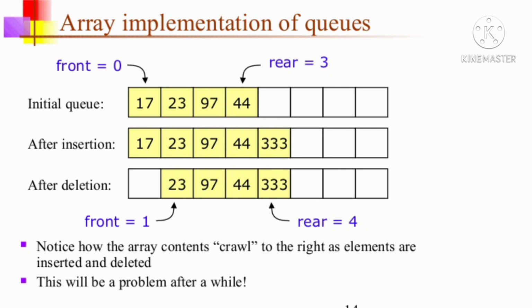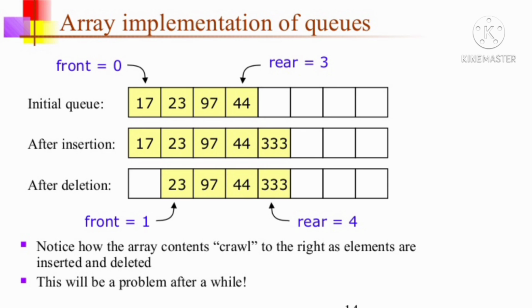Array implementation of queue. See there, guys, where they are inserting an element in the queue. Initial queue: front is 0 and rear is 3. 0 and 3 are indexes, not elements.